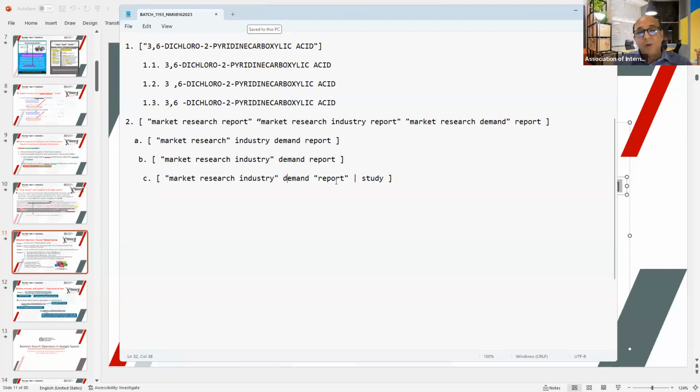Let's suppose the report would be sufficient or the study should be sufficient with reference to market research industry. We might be able to find something that has the word demand in it, or if demand is not as important, then in the report and the study, you could find something similar that points to the nature of demand, or something to do with demand of market research industry or prospects of, or whatever could be considered as the growth in the industry, something similar to that.